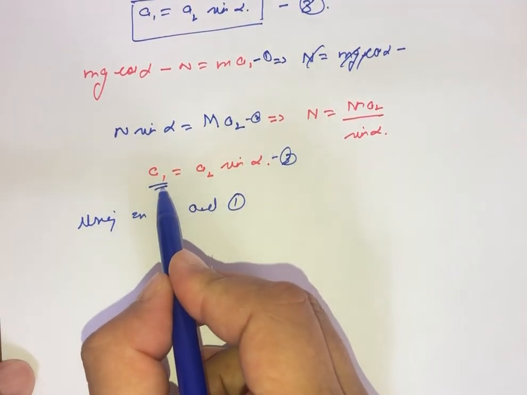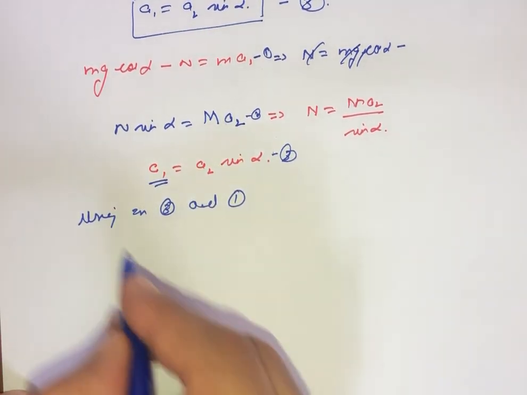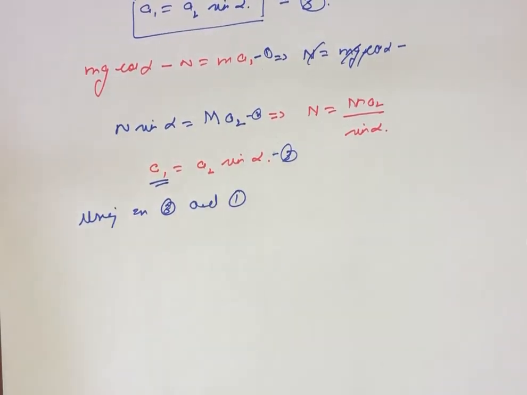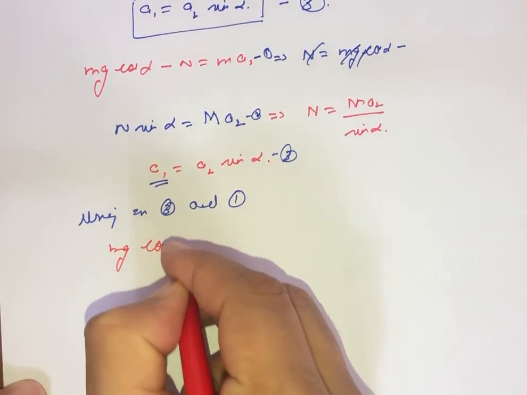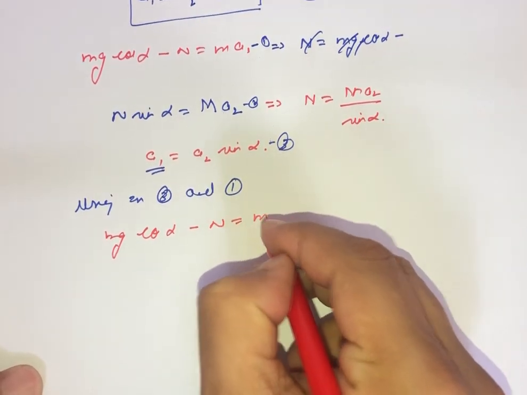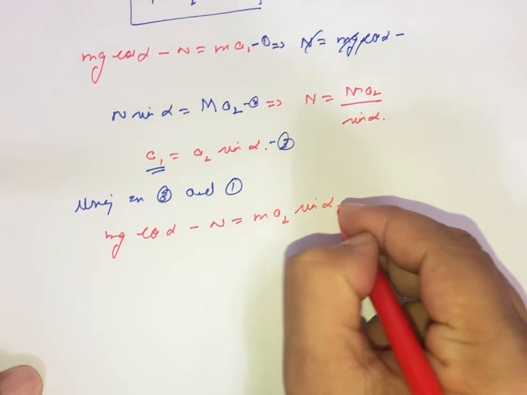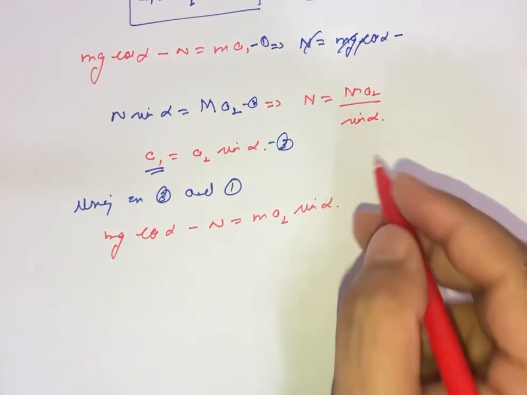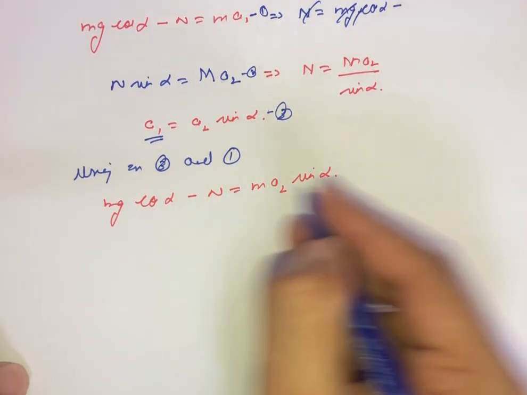So we take the value of A1 and substitute in equation 1. Okay, so we get mg cos alpha minus N is equal to m A2 sin alpha. From here we can find out our normal.